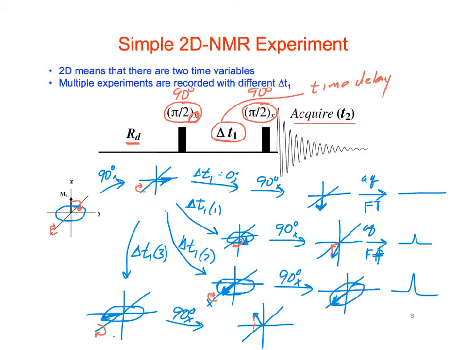Okay, and what I draw here, acquisition and Fourier transform, is that I have just a smaller signal again.